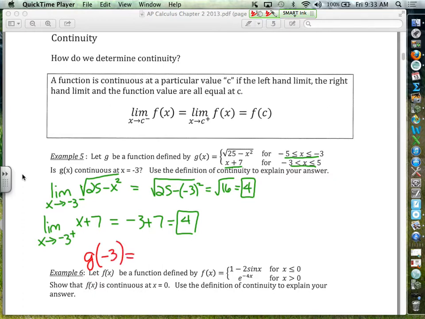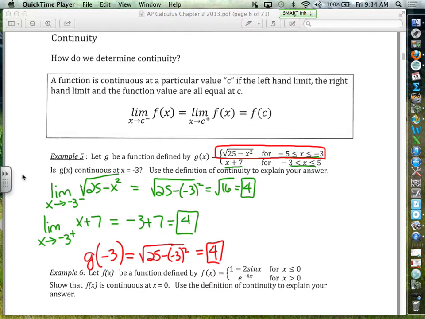Make sure that there's actually a point defined at that value there. So if I look back at the function for g of x, -3 would fall into this first interval here. If I plug that -3 into the first piece of the function, I also get that outcome of 4. So we showed that the limit from the left, limit from the right, and the function evaluated at -3 is going to give us that same outcome of 4.